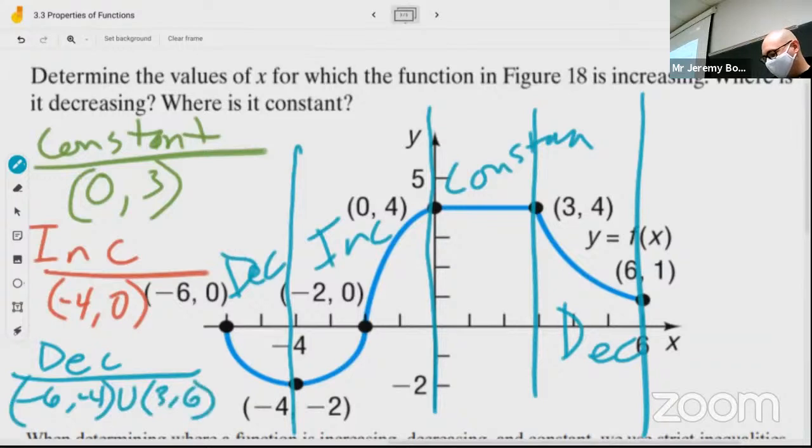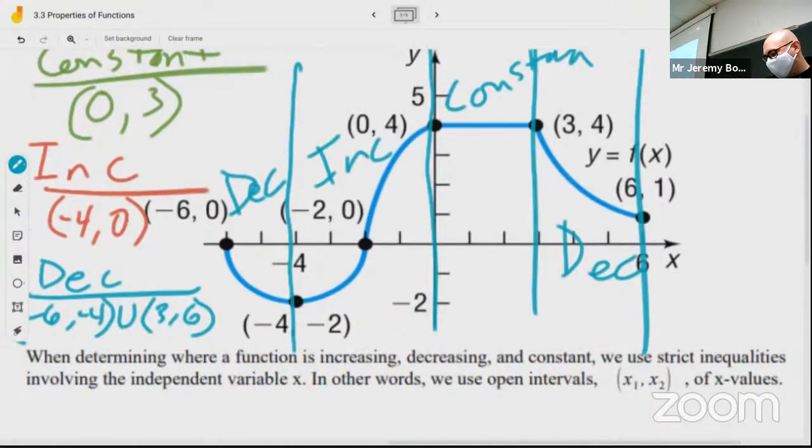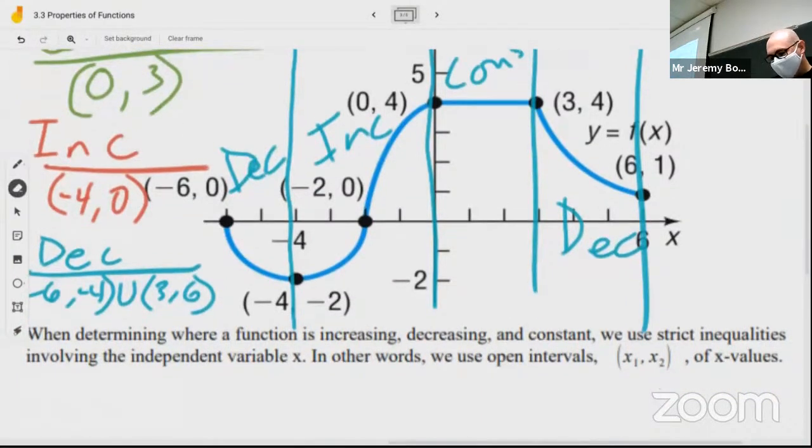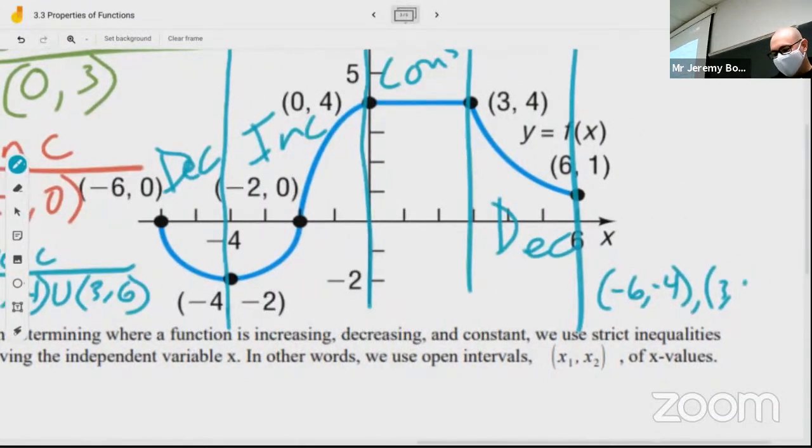Now you can also, it is accepted, to write it as, I'll write it over here, -6 to -4, comma, 3 to 6. But I think they're going to tell you to use a union in the homework, if I recall correctly. Because it's like you're listing an interval, this interval, and this interval. Or you can use the union, which means it's this interval or this interval, which is what I like better.